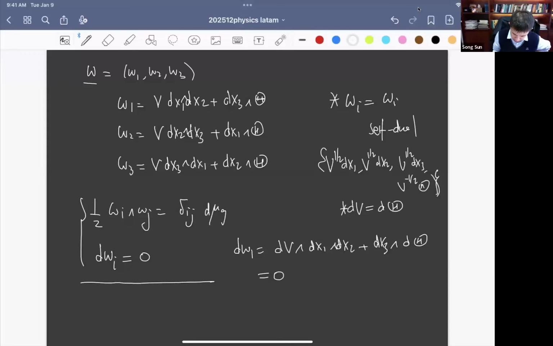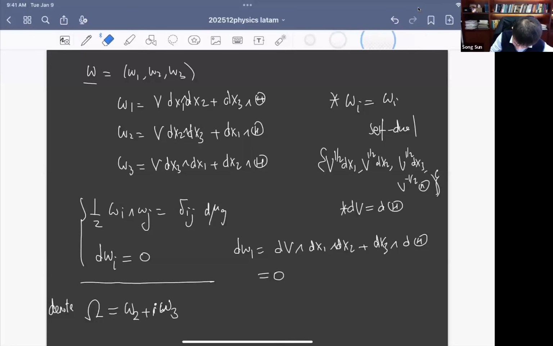So here in this special case, it's hyperkähler. Capital omega is denoted by omega 2 plus I omega 3. So claim this is decomposable, where I is square root of -1.